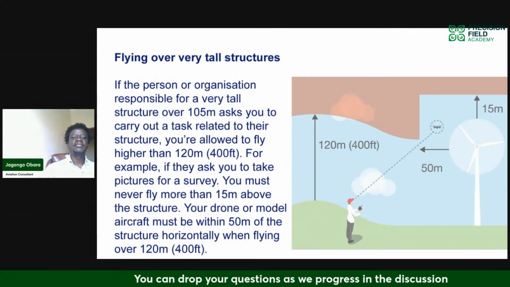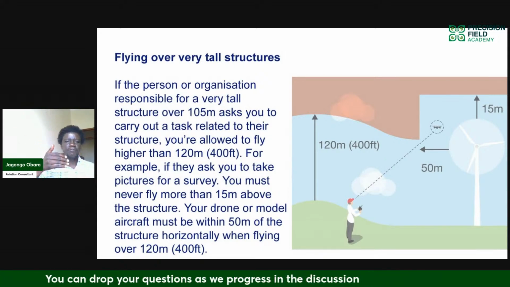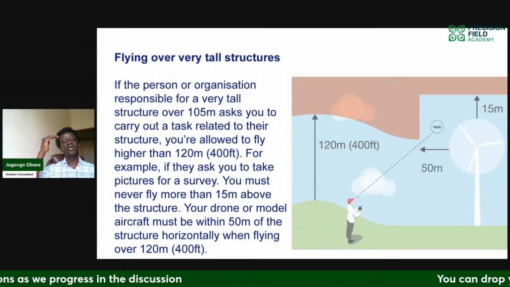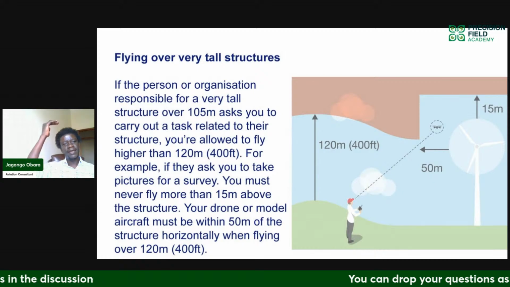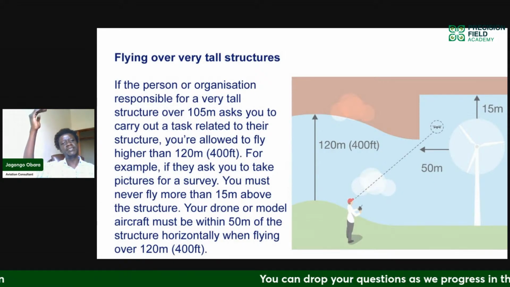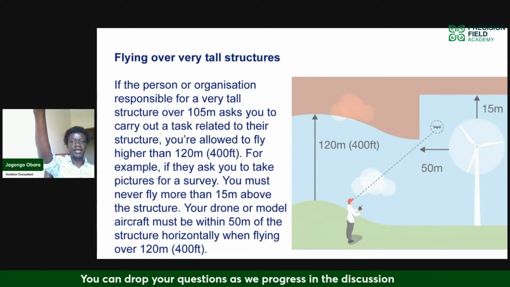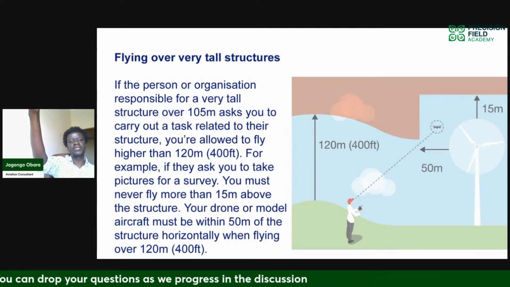The rule of thumb is let's keep 50 meters between the aircraft and that structure itself, and we are allowed to fly 15 meters above so that we can easily get over that obstacle.